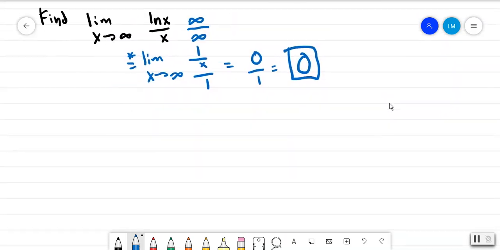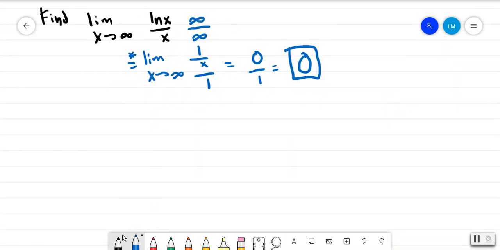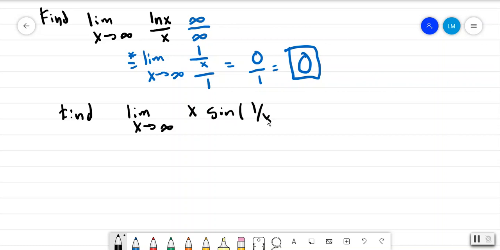Now, let's look at another one. Say we want to find the limit as x approaches infinity for x sine of 1 over x. Well, notice that if you go to infinity, that's going to be infinity times 0. So in this case, what has to happen is that you have to rewrite it in a way that we can put it back into an original indeterminate form.